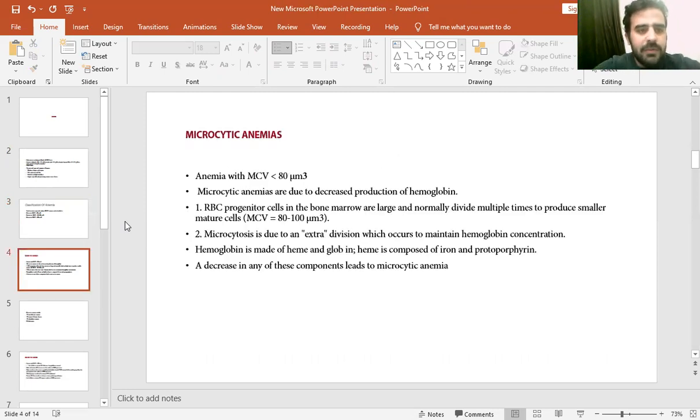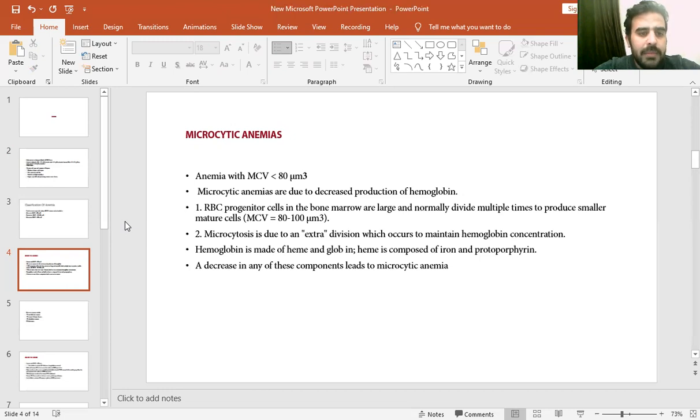Let's discuss the first one, microcytic anemia. We call the anemia microcytic when the MCV is less than 80 micrometer cube. Microcytic anemias are due to decreased production of hemoglobin.